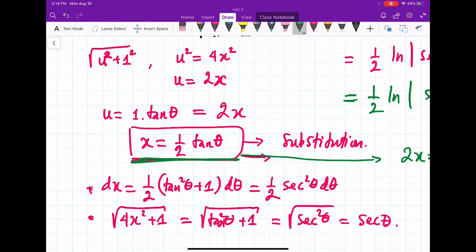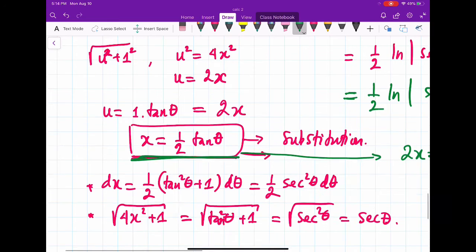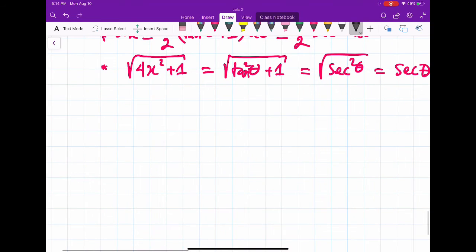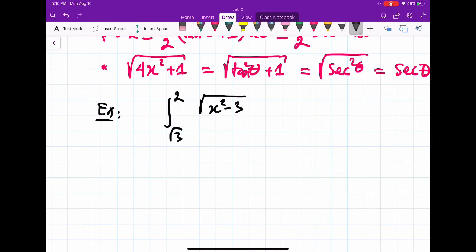Okay, let's solve one more problem where you need to do substitution with secant. So let's consider the definite integral from square root of 3 to 2 of square root of x squared minus 3 divided by x dx.